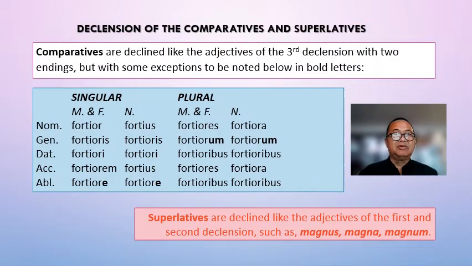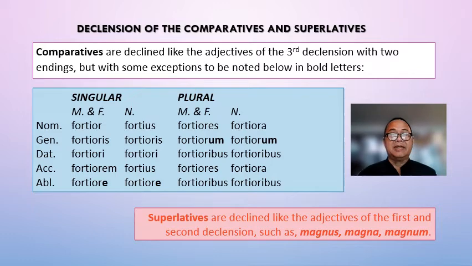Let us now come to the declension of both the comparative and the superlative adjective. It is important to know the declension of these forms of adjectives. Why? Because remember that in the rule of agreement, the adjective must always agree with a noun or pronoun it modifies in number, gender, and case.